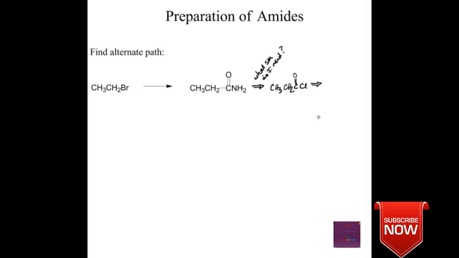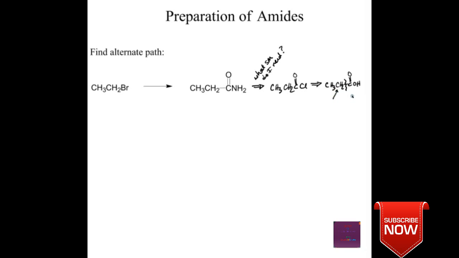Well, where do acid chlorides come from? Acid chlorides come from carboxylic acids. If I had this carboxylic acid, I could make the acid chloride and then go to the amide. Right? So now I'm looking at a synthesis where I'm going from a bromide to a carboxylic acid. We've already seen the synthesis of carboxylic acids. In fact, we've seen the path where we do this disconnection.